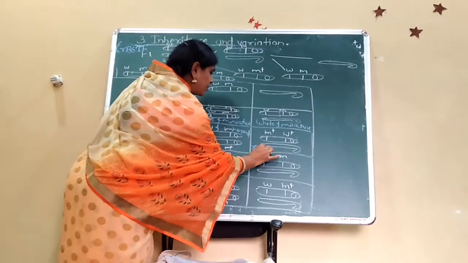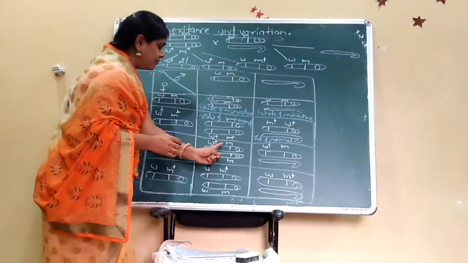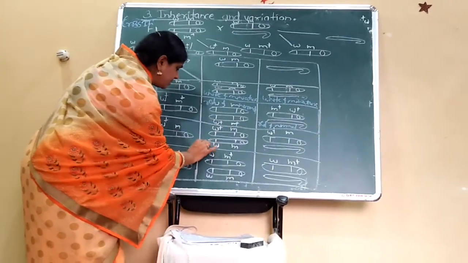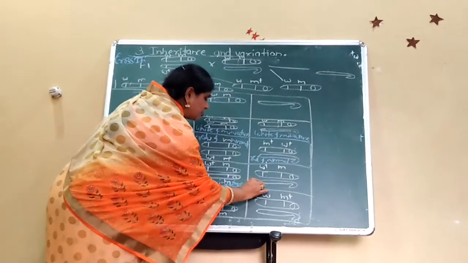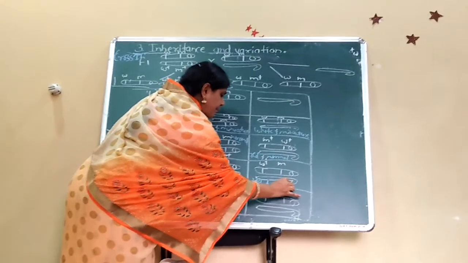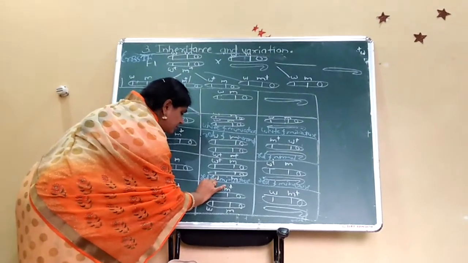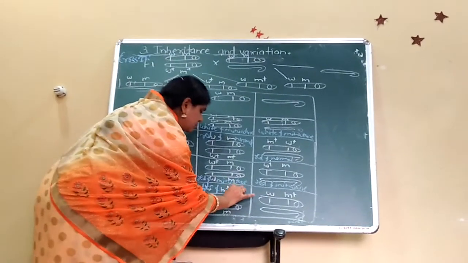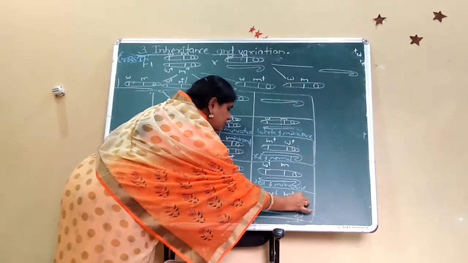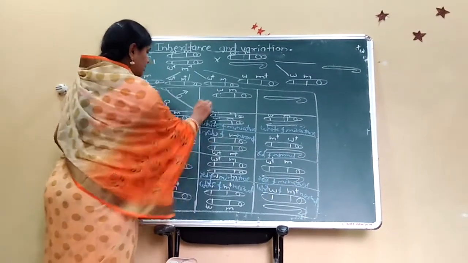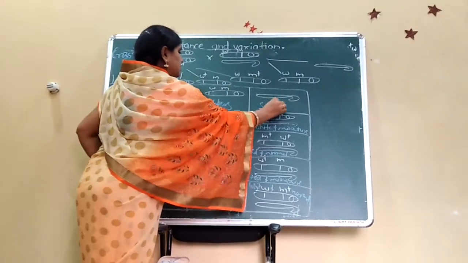This is also red and normal. This is red and miniature, because red is dominant. This is also red and miniature. This is white and normal. This is also white and normal. These are all the daughters, and these are the sons.